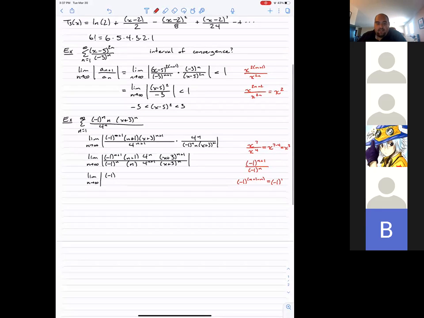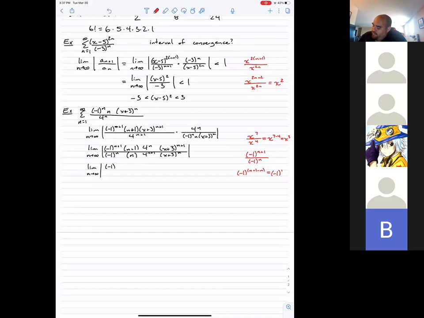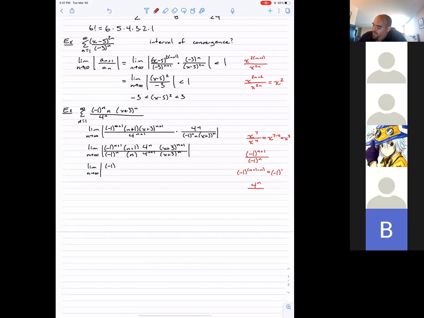On the other hand, if you have something like this, which we do, 4 to the n over 4 to the n plus 1, that's the same as 4 to the n minus n plus 1, which gives you 4 to the n minus n minus 1, or 4 to the -1.